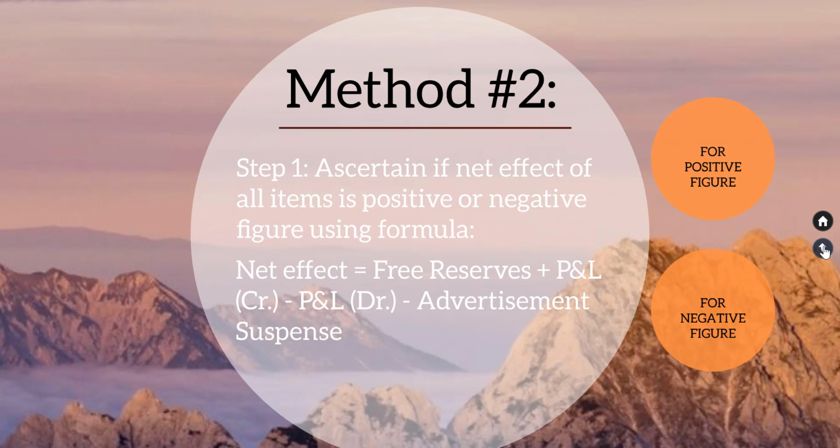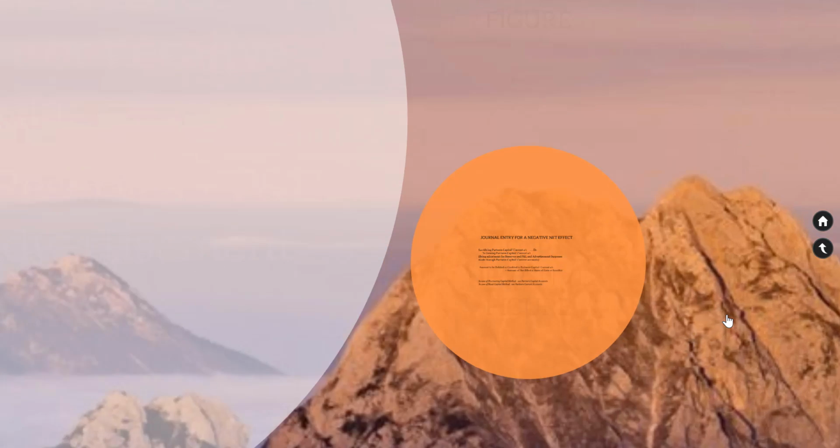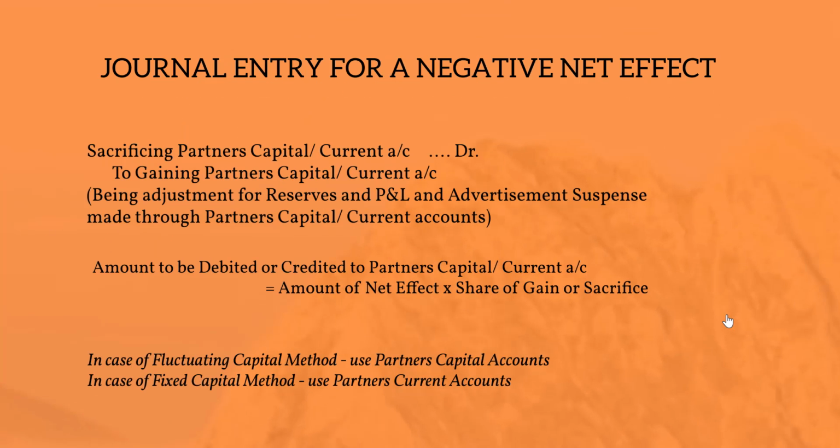Now, what happens if the net effect is a negative figure? We just need to reverse the journal entry which we passed earlier. In this case, we will debit the sacrificing partner's capital or current account and credit the gaining partner's capital or current account, and the amount for debiting or crediting these partners will be the amount of the net effect multiplied by the share of sacrifice in the case of a sacrificing partner and by the share of gain in the case of the gaining partner.